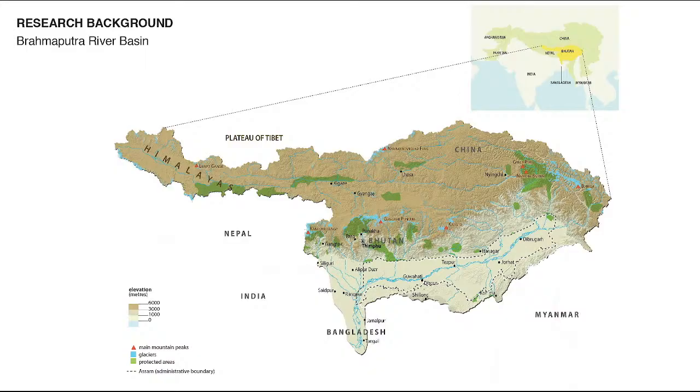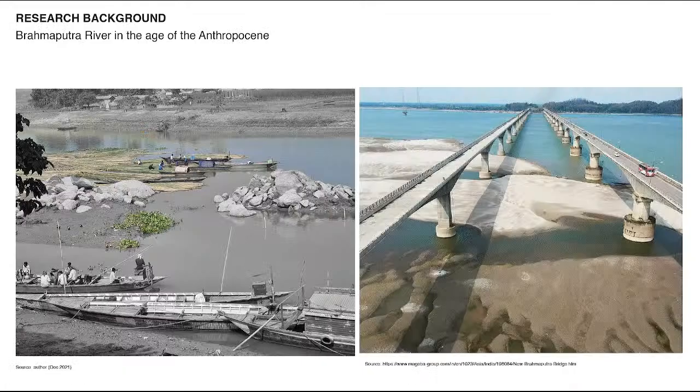As I was starting the research, I was looking at it through the lens of urbanism, which is basically looking at how people interact with the built environment. What came out was two very distinct ways of inhabiting this landscape. The one on the right, you could see boatmen who are utilizing the river's current to transport bamboo on the Brahmaputra, really working with the flux of the river. On the other hand, you could see the ongoing construction of several bridges.